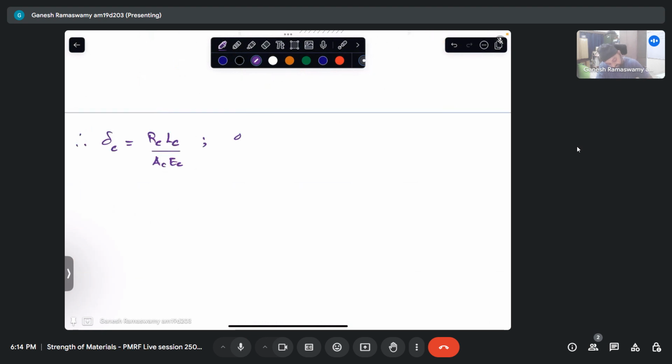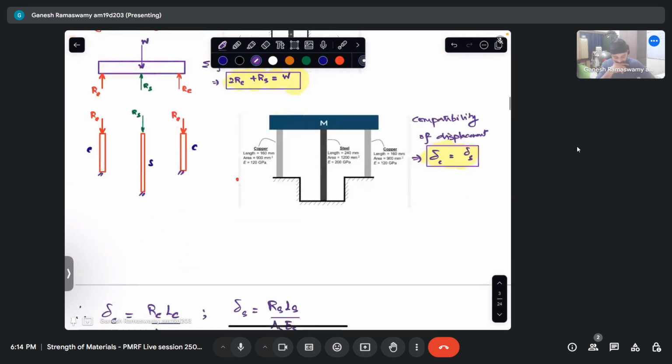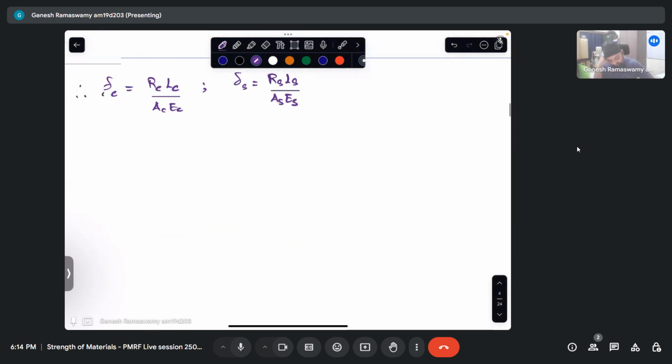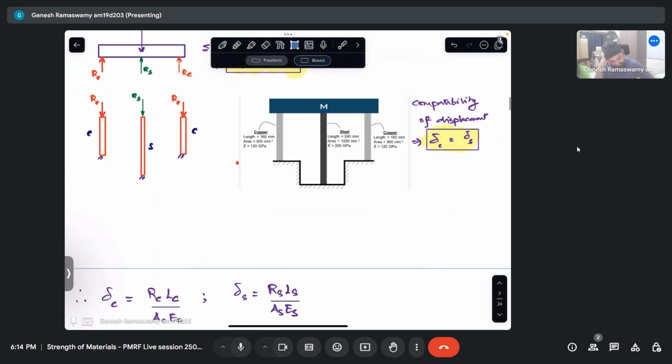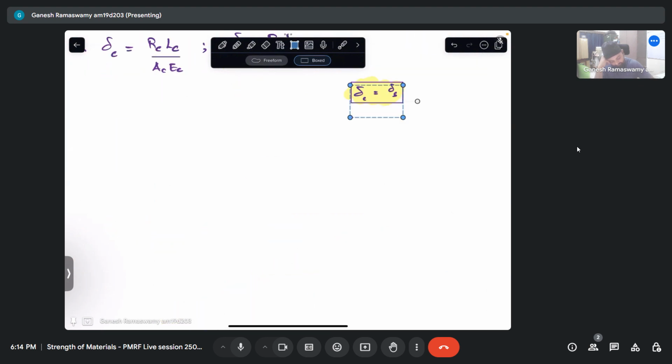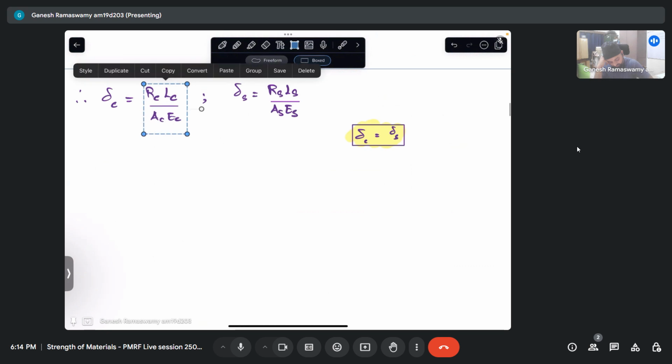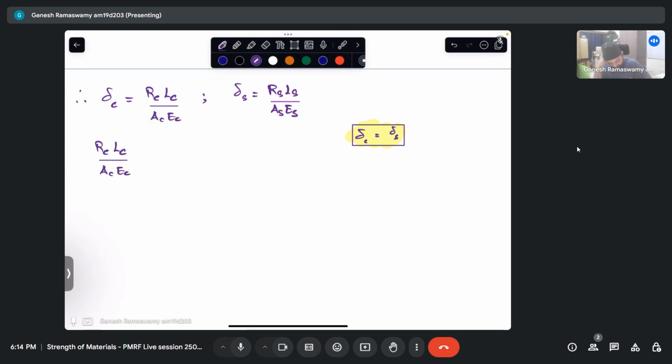Similarly, delta S is RS LS by AS ES. All right. So this and the compatibility condition gives us from here, we know that this is actually equal to this quantity.